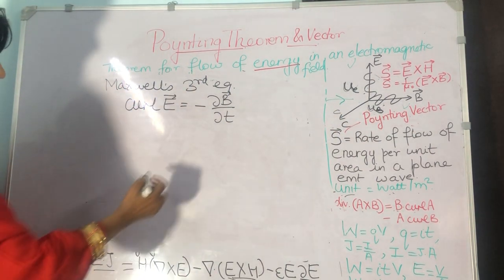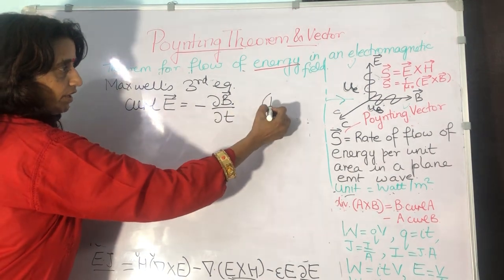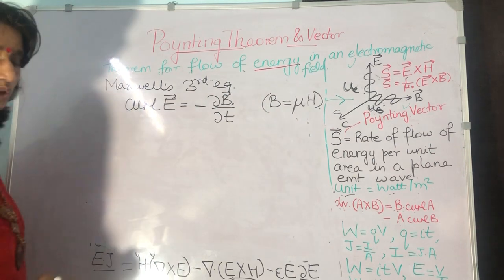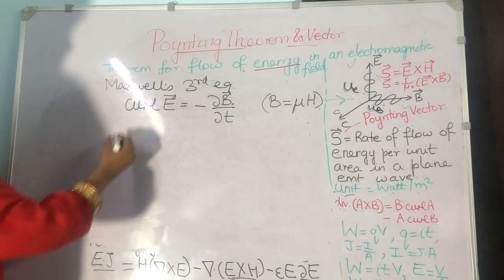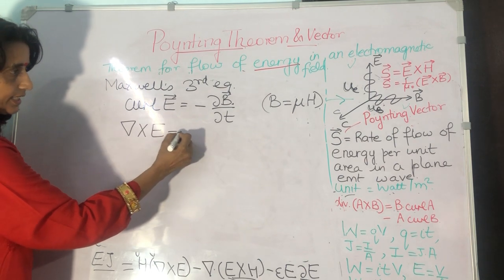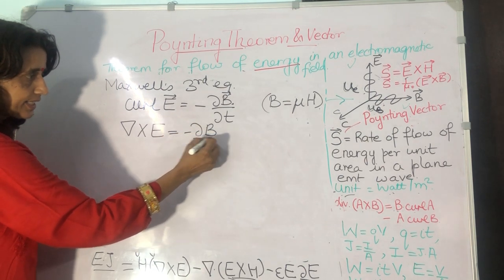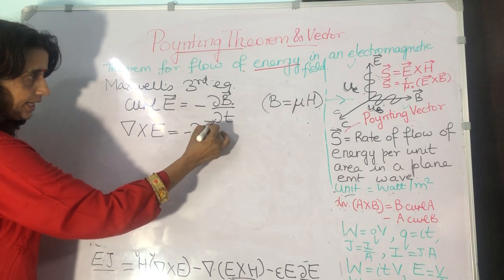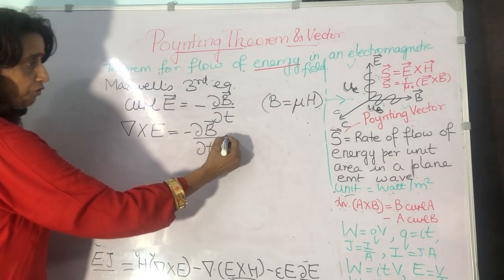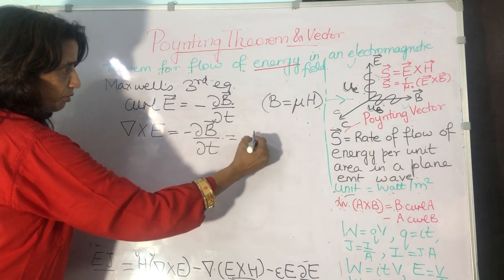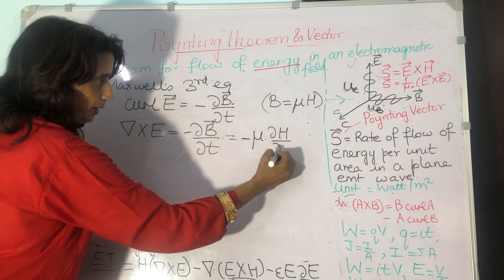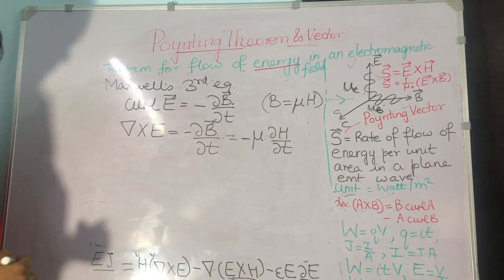And here, instead of B, we will write it in terms of H. So, B is mu H, right? So, this can be written as curl E is equal to minus del B by del T, and instead of B we put mu H. So, minus mu del H by del T.